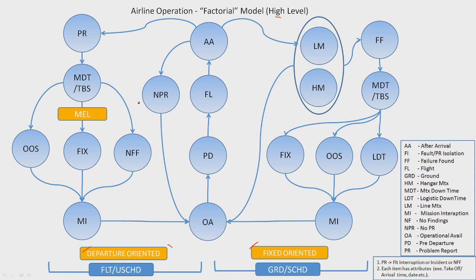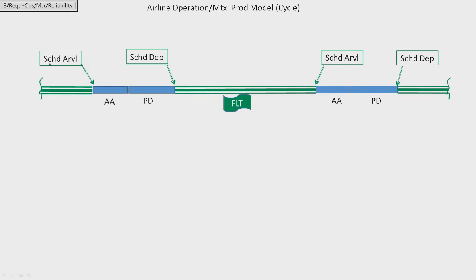Now let's move to the next slide and try to understand connection points between business requirements and operational reliability. As we said, everything starts from business. Business comes and tells us, dear operation, dear maintenance, in December we are going to have 20 flights. That's exactly what I'm trying to visualize here. The green zone is flight, so the aircraft is flying, and we have a scheduled arrival, we landed.